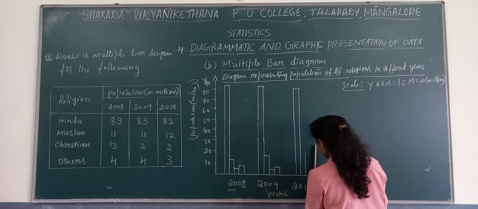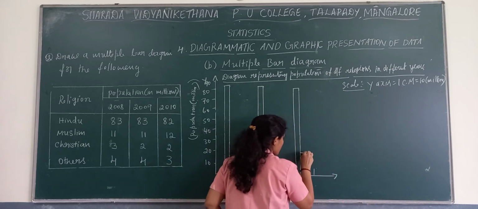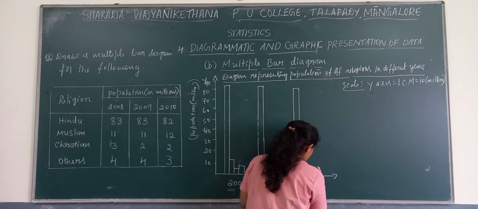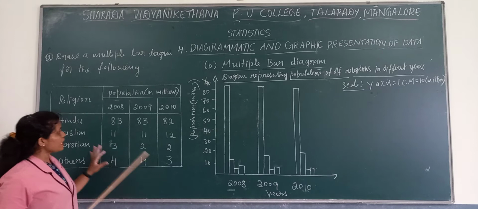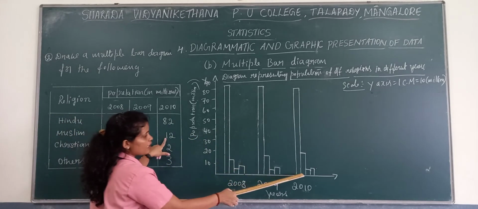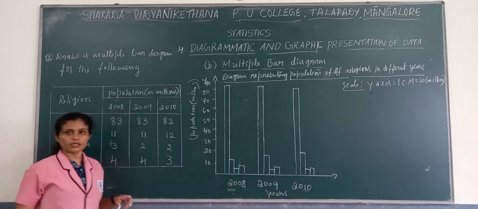Others it is 3, sorry, others it is 3. So this is about 2010: Hindu population, Muslim population, Christian population and other population.